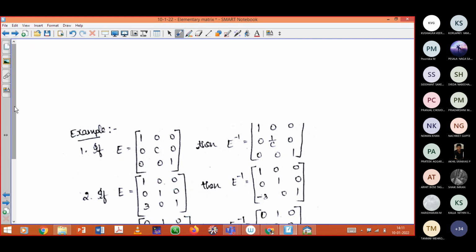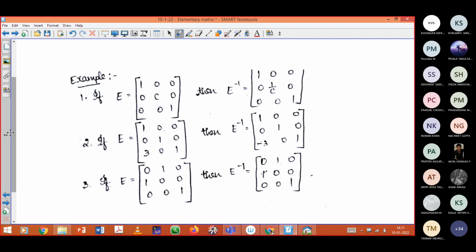These are some examples of the elementary matrices derived from the original matrix E. If you still have doubts, not an issue. I can help you in the next slide with how it can be derived in a detailed manner. See here, this is the matrix E, from which E inverse, that is the elementary matrix, is derived using the identity matrix.